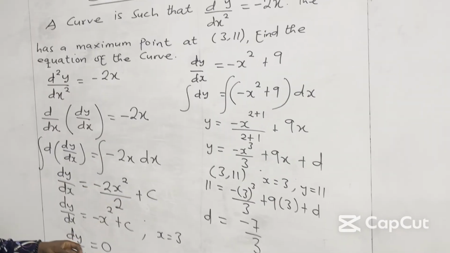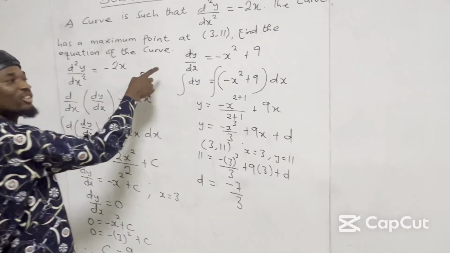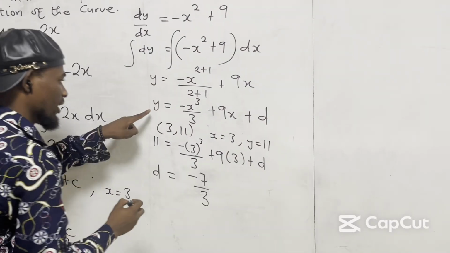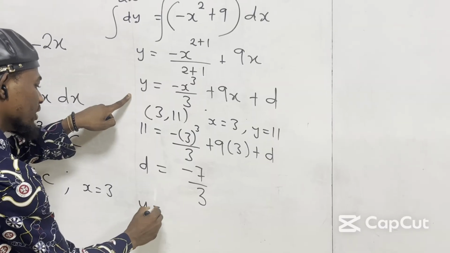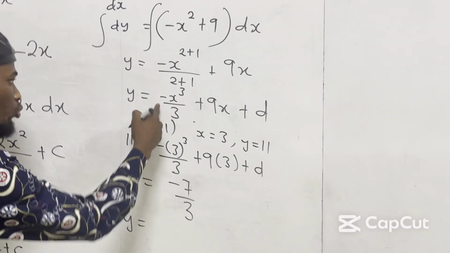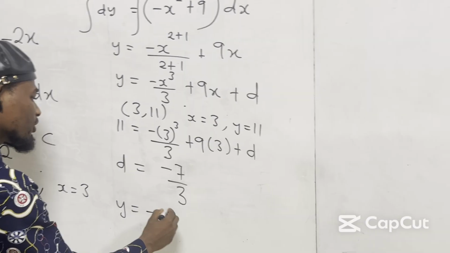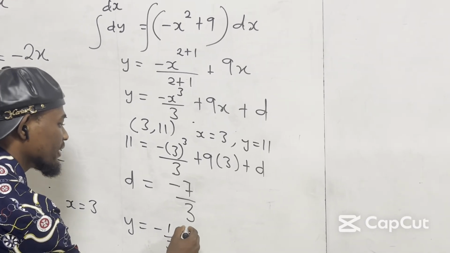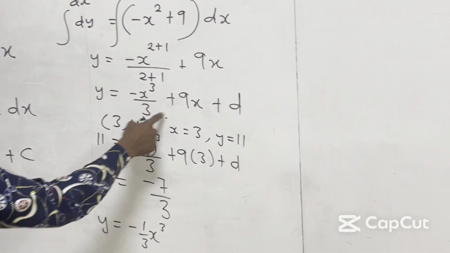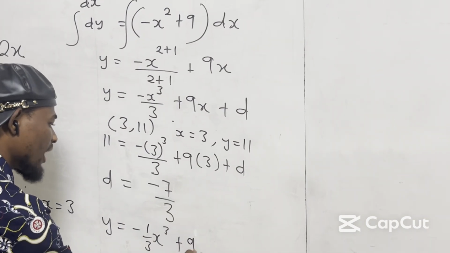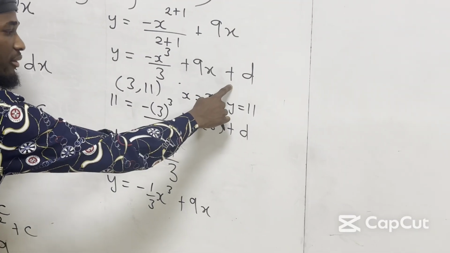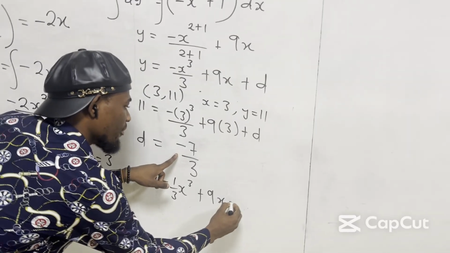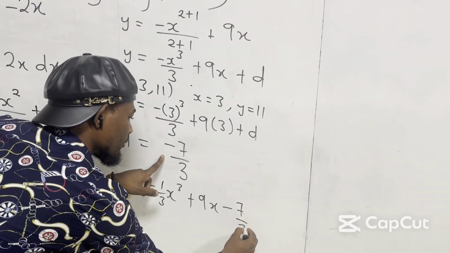Now the question says, find the equation of the curve. So our final equation becomes y is equal to negative 1 over 3 x cubed, plus 9x, plus d. But this is the d, so I have minus 7 over 3.